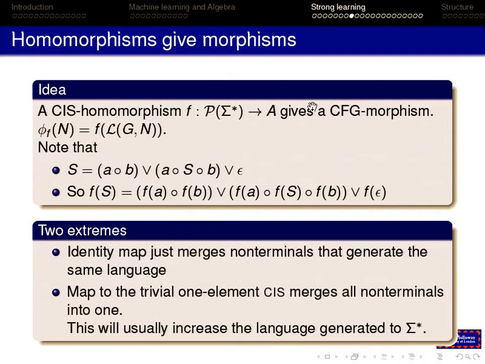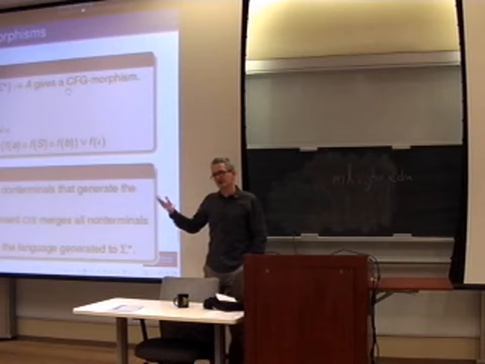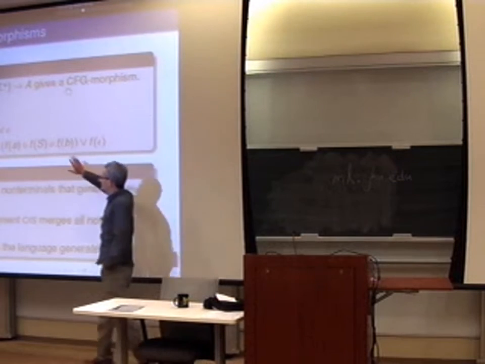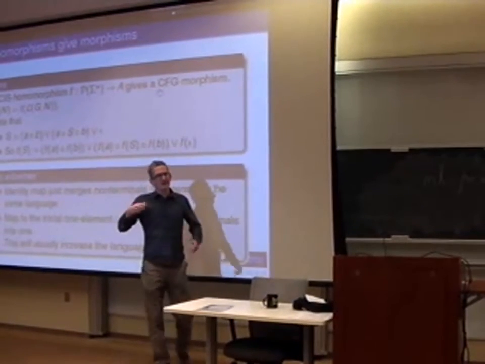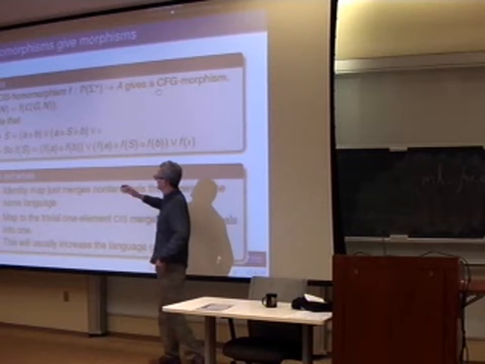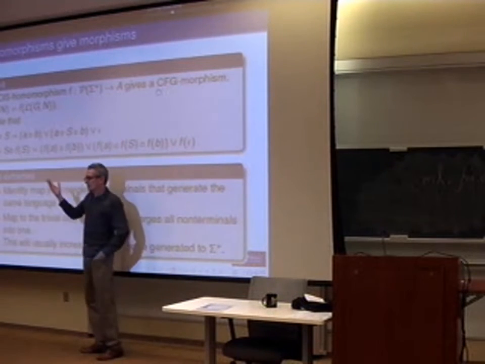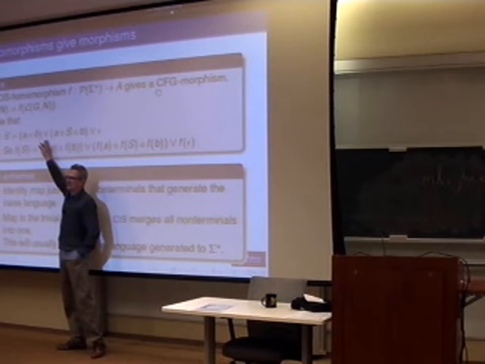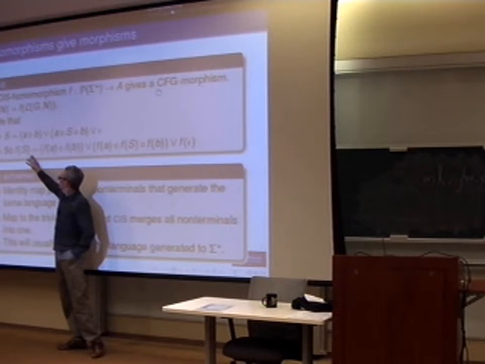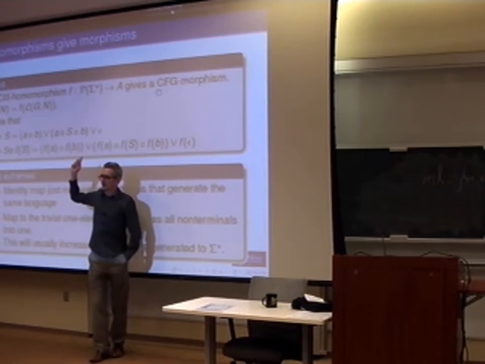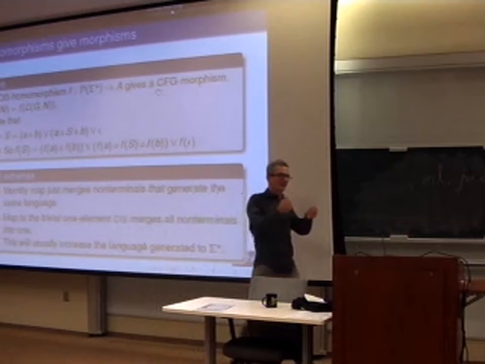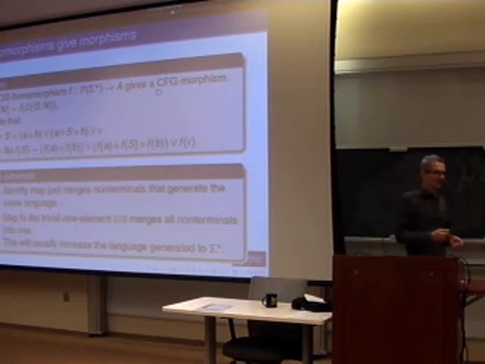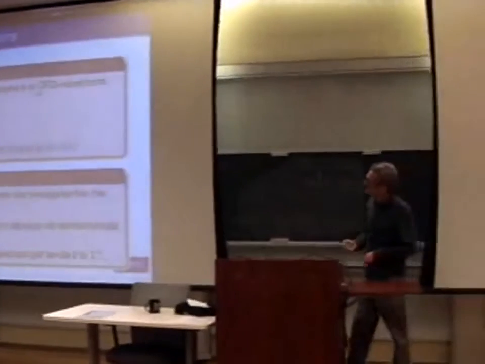If it's a homomorphism, then we're going to get a very nice CFG morphism. And the reason is the equational semantics: Ginsberg and Rice define the meaning of a context-free grammar through these sets of equations. Because it's a homomorphism, if this is true in the original power set, then when we take the homomorphism, it's also going to be true in the transformed space.